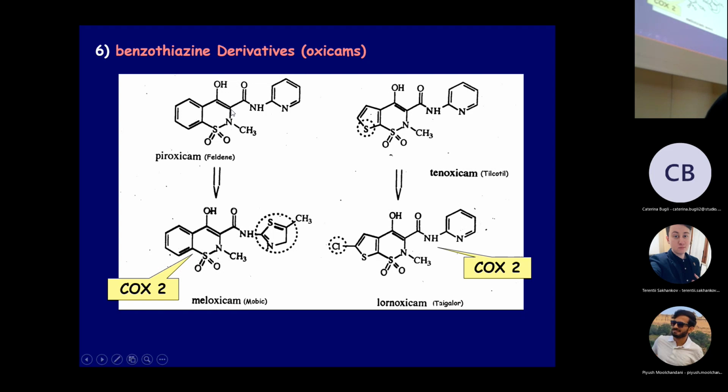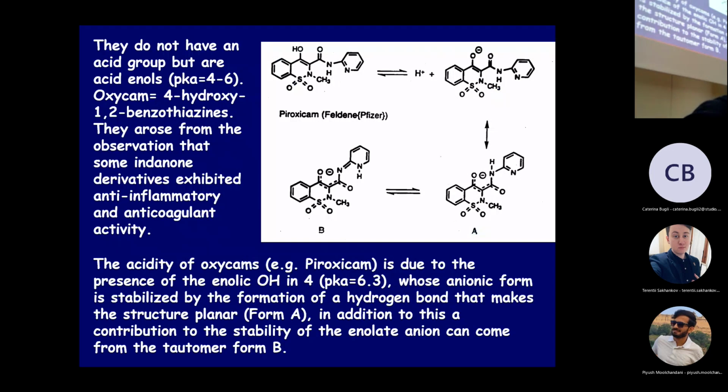This means that this function is related to an equilibrium between, here you see, an oxygen which can lose a proton. And so this means that this function is an acidic function.